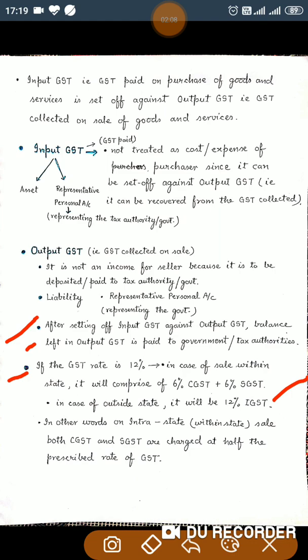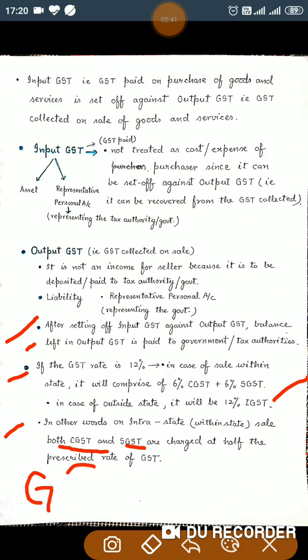So in other words, for intra-state sale, that is within a state, both CGST and SGST are charged at half of the prescribed rate of GST. Suppose the GST rate is 10% and the transaction takes place within the state. So we will charge 5% CGST and 5% SGST.